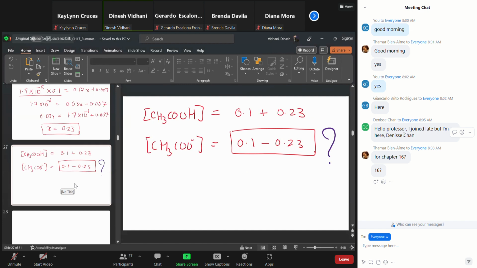Did you guys go through this before? I mean, as a homework? You can just write yes or no on the chat box so I know. No, I'm not talking about finding another problem. I'm asking about solving this problem.